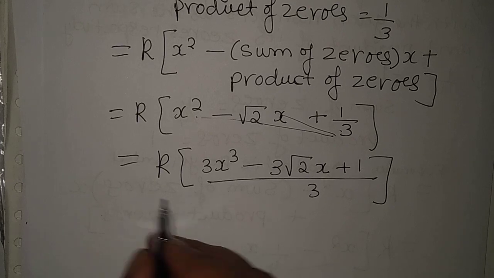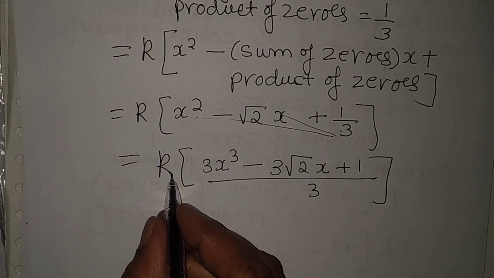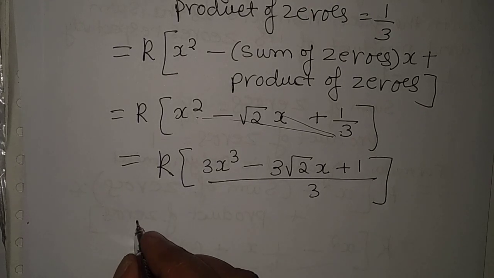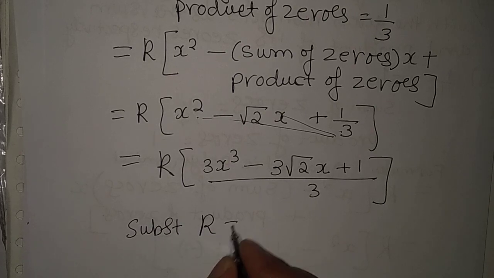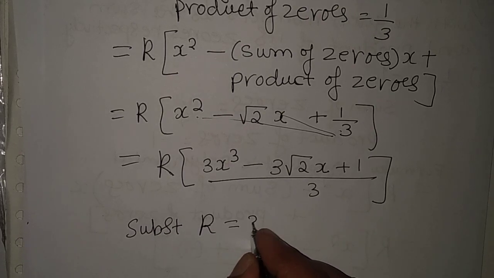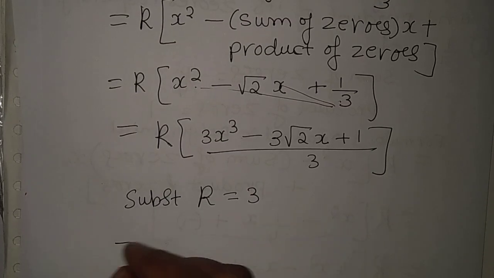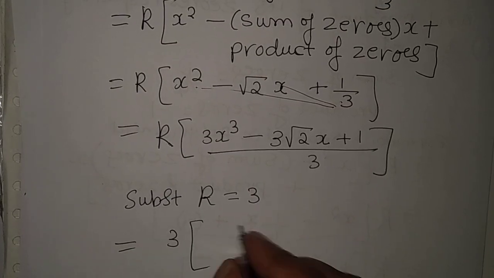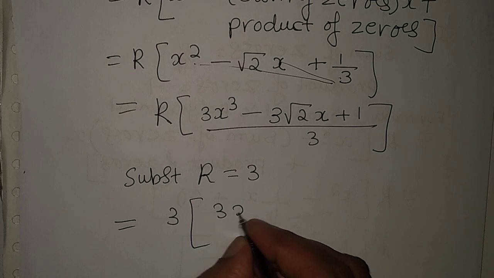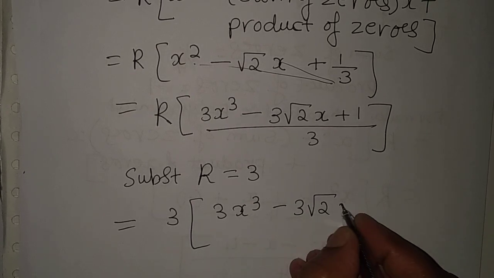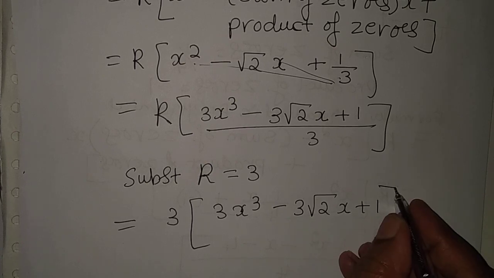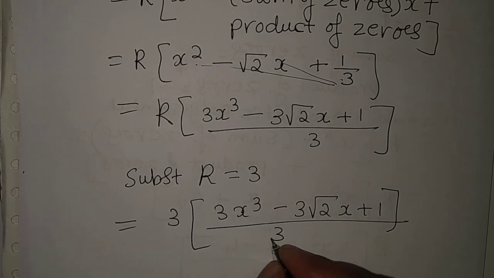Now what we have to do: substitute this k equal to 3 in the above equation. Now substitute: (3x square minus 3 root 2x plus 1) divided by 3.